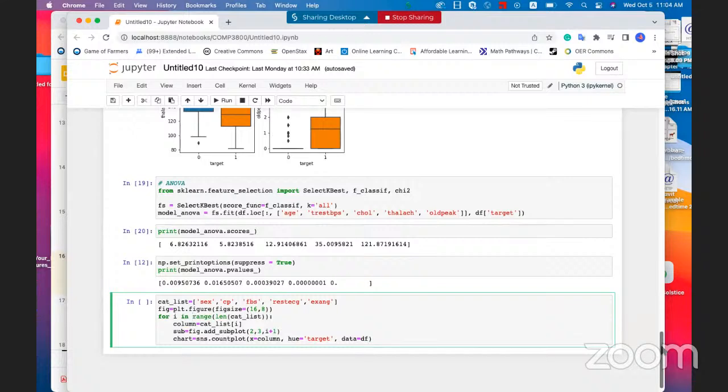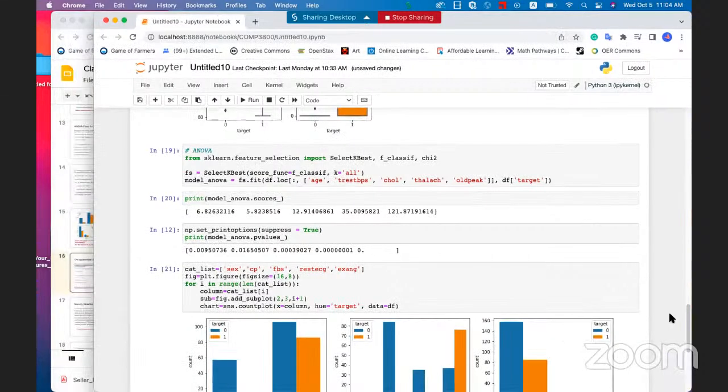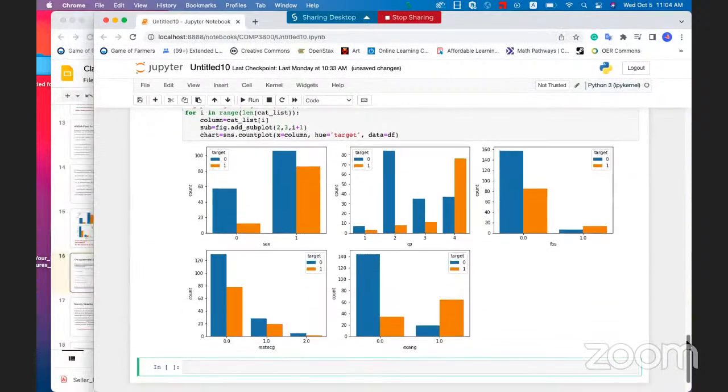And same with a categorical variable. So let's generate these count plots again. We'll look at this plot.